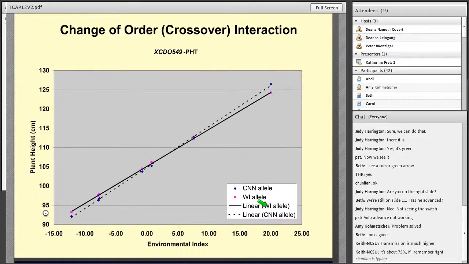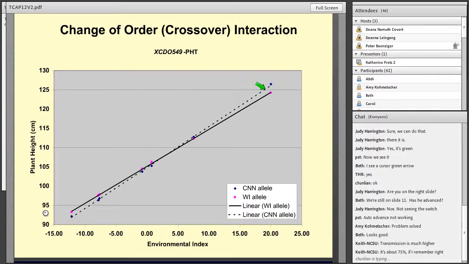Now the crossover interaction, which you can find, now this is for plant height, okay, is completely different. In this case, you can see the Wichita allele is taller in the short environments, these would be the drought prone, and it's shorter in the tall environments, which is where you'd have more moisture.